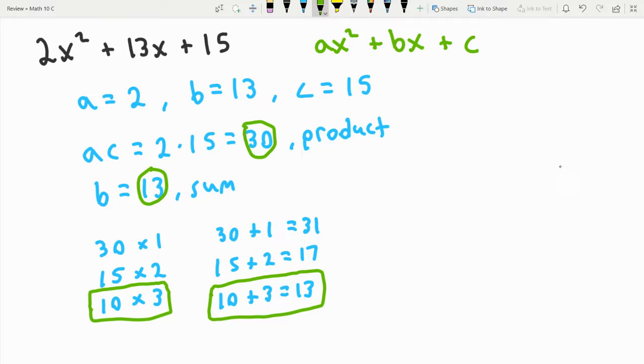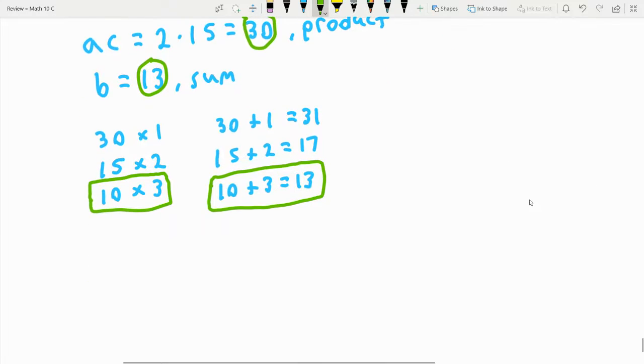So once I have that, I'm going to rewrite my equation. I'm going to keep the first and the last term, 2x squared and 15. But instead of writing 13x, I'm going to break it down into 3x and 10x.